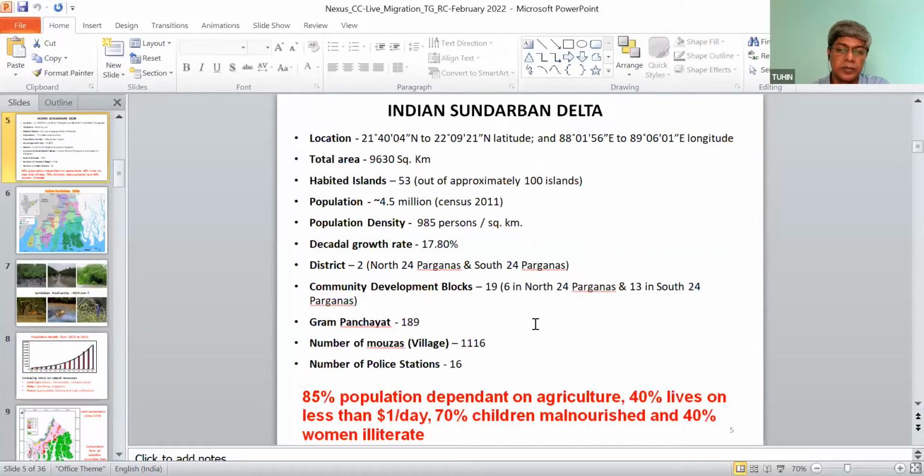And there is some data with digits which are changing every day. But 85% of the population are dependent on agriculture, 40% live on earning less than $1 per day, 70% of children are malnourished, and 40% of women are illiterate.